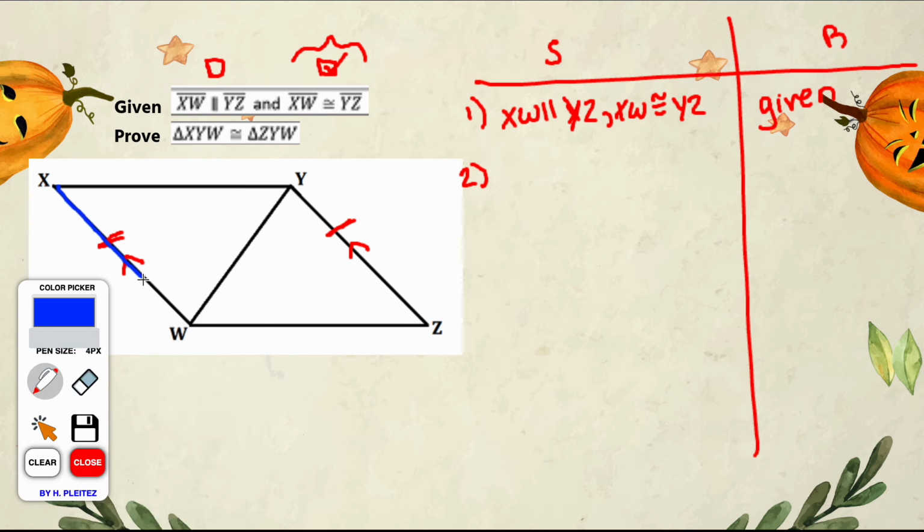So I have that XW is parallel to YZ. Now, when our lines are parallel, we want to look to see if we can use any of the angle pairs. Well, I see alternate interior angles here.